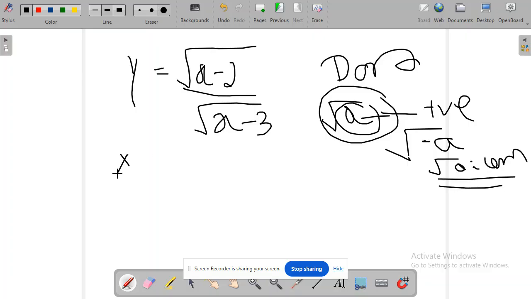So you have to ensure that x - 2 is greater than or equal to 0, so x should be at least 2, and here x should be greater than 3.